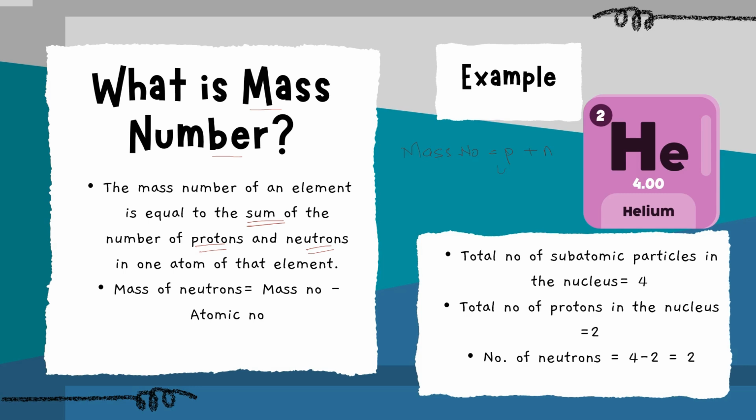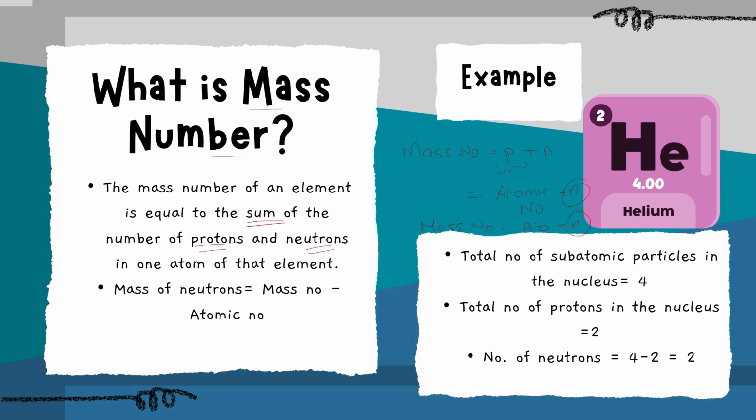And we know that the number of protons is nothing but the atomic number. So the number of neutrons, if we have to calculate, will be equal to mass number minus atomic number.